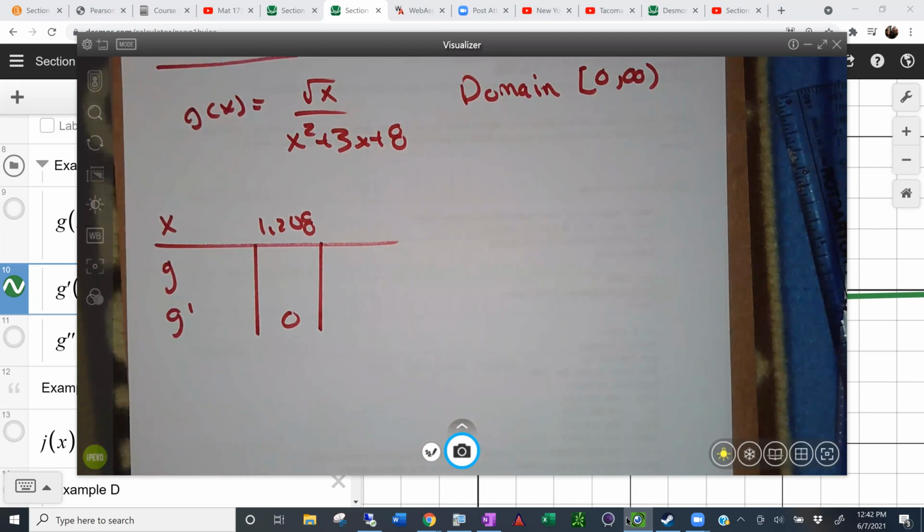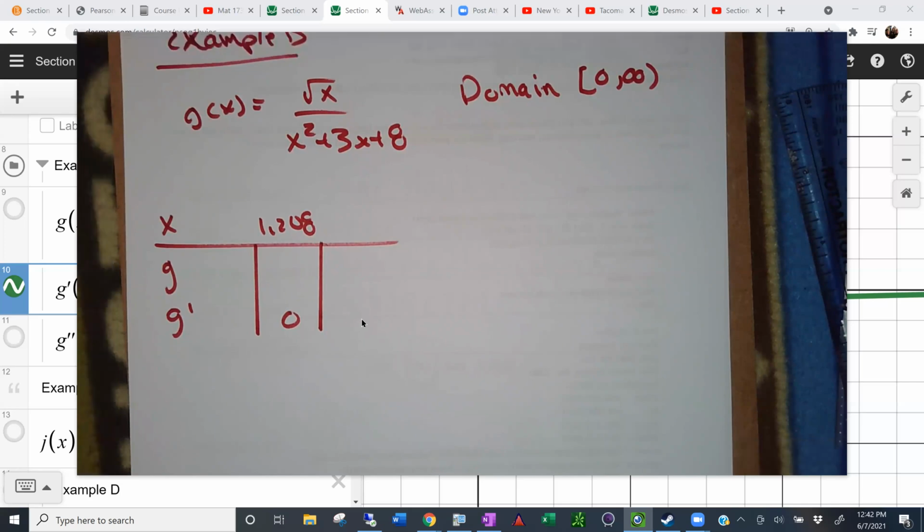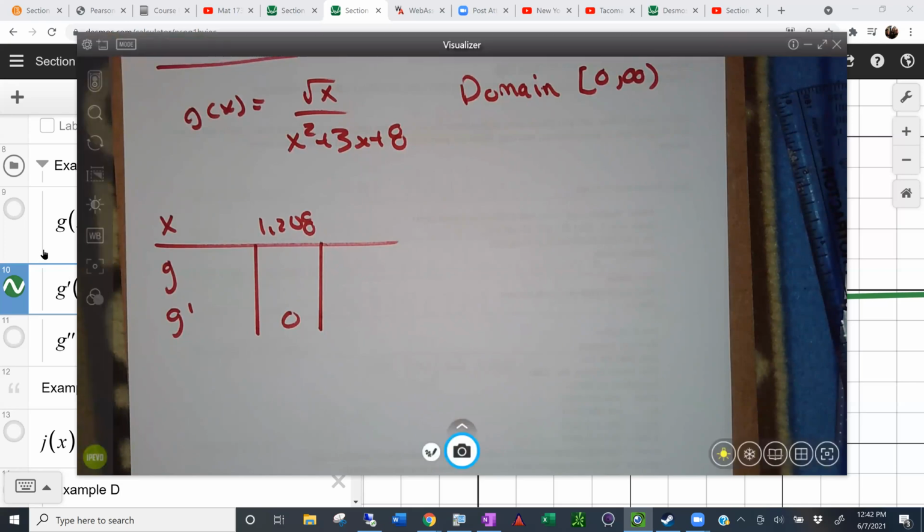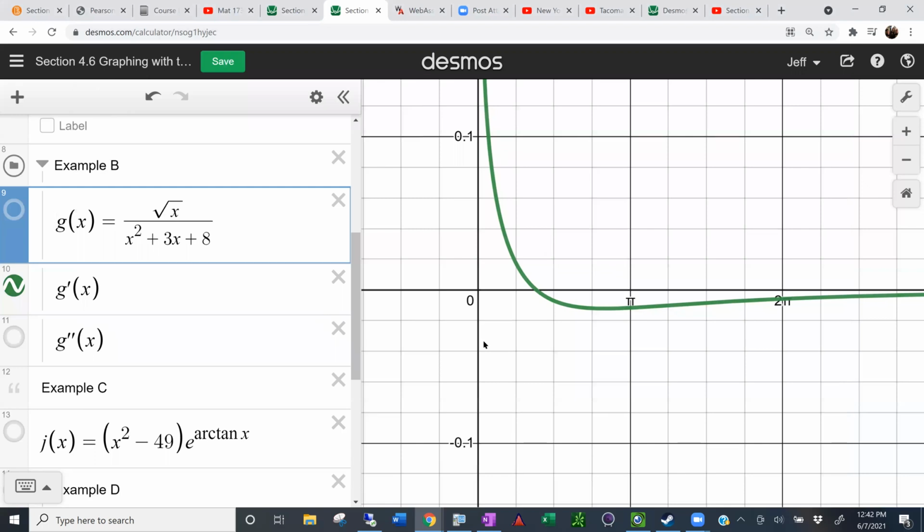And then what? Well, we need to know what's happening with the derivative to the left and to the right. What symbol should I put to the left and to the right? To the left of 1.208, what sign does the derivative have?